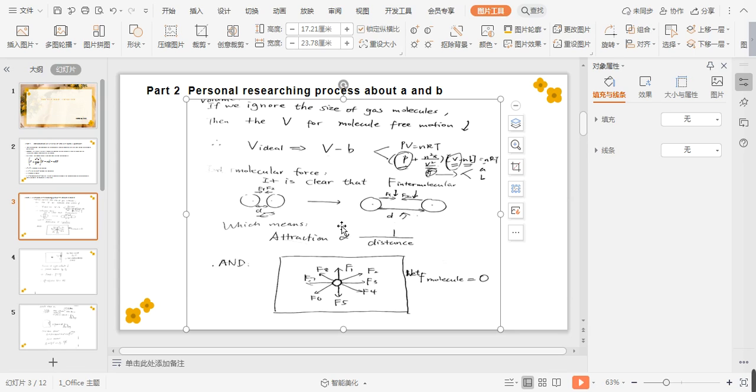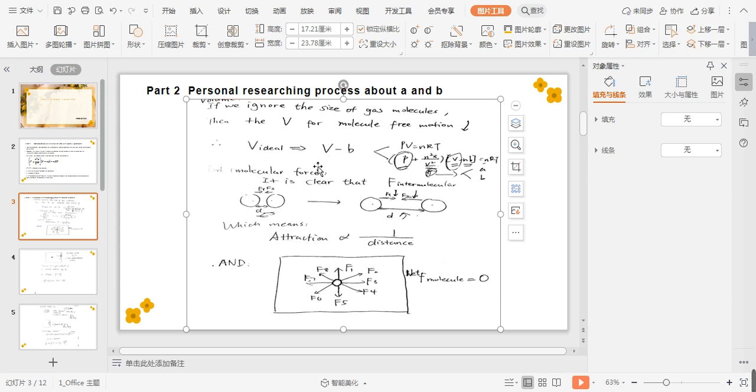It's always larger than zero, which means it's an important trait we need to consider in the real gas model.